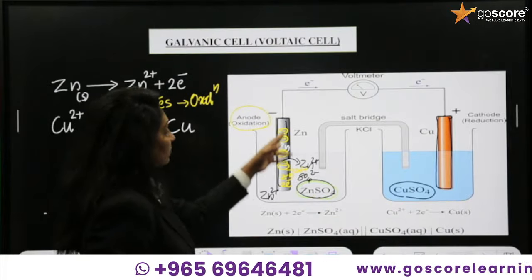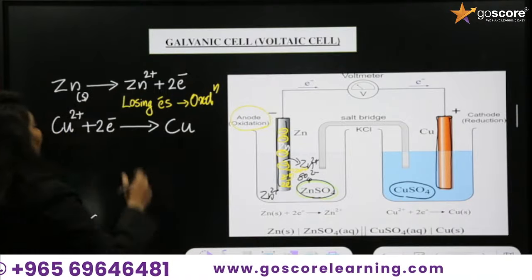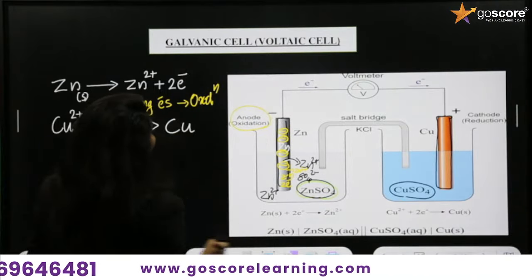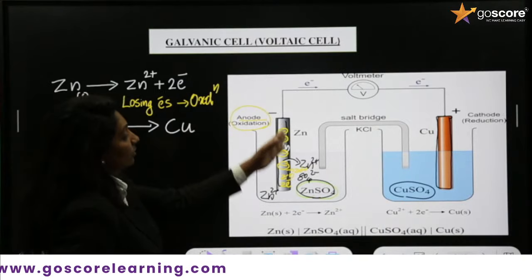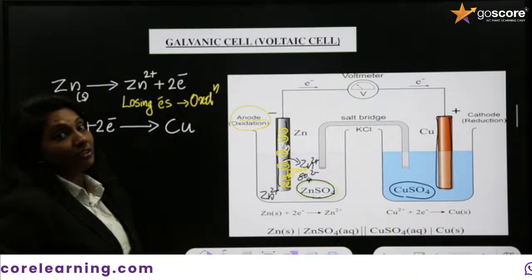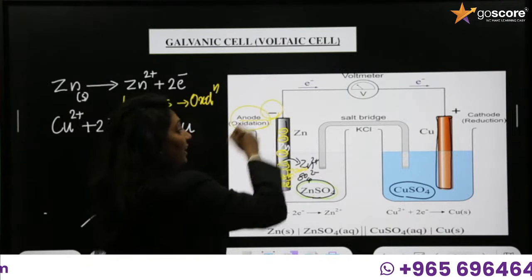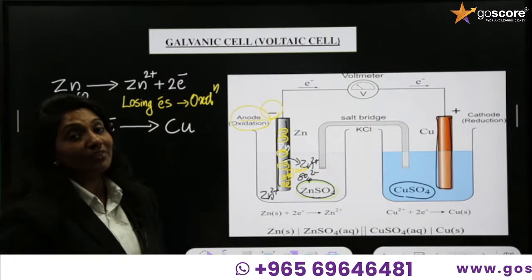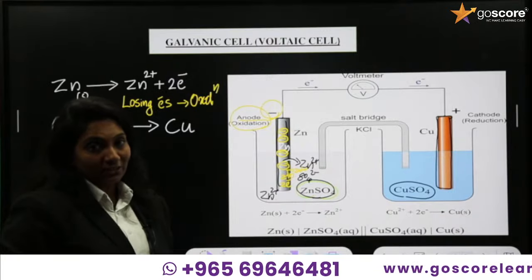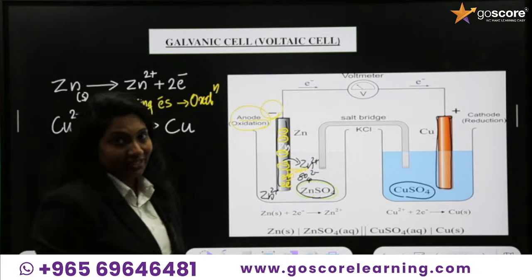So at the zinc electrode the oxidation occurs and it acts as the anode and there will be a cloud of electrons on the metal rod. That's why the anode is getting a negative charge. Why? Because there is a cloud of electrons on the anode metal rod. That's why it's getting a negative charge, right?